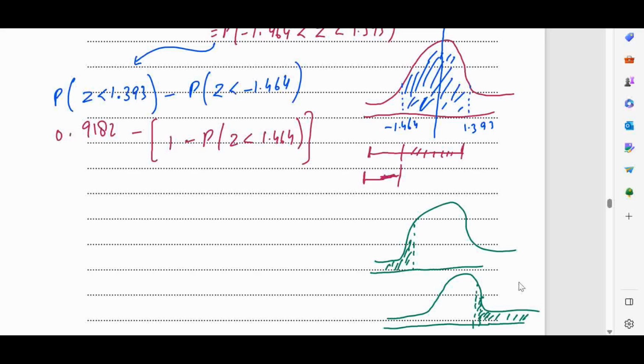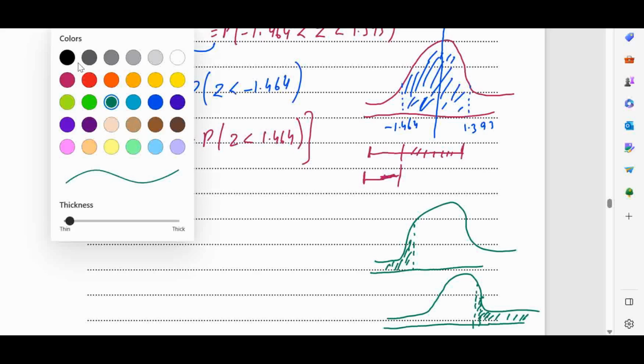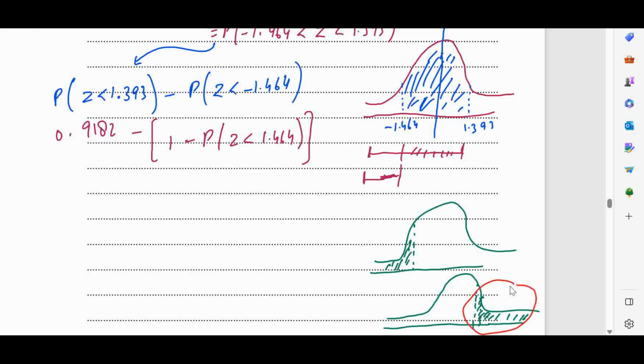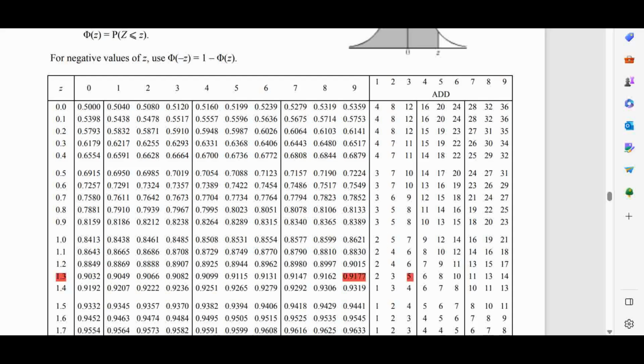So how do we find this region? We can find it by subtracting from 1 the probability of z less than 1.464. So now we can write it as 0.9182 minus 1 minus, now what will be the answer for 1.464? Just use the table.